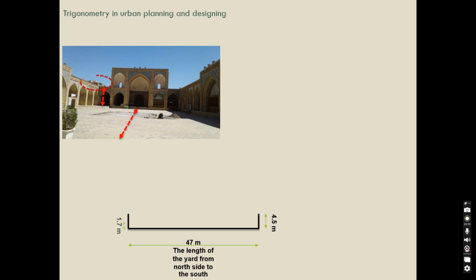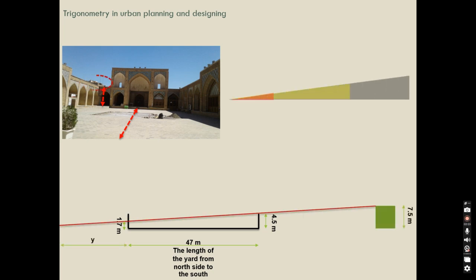So we have a main triangle and some subtriangles, and we can estimate some dimensions in these triangles. We have some of the dimensions such as the observer's height, on average the height of the wall, and also that 7.5 or 10 meters, okay?